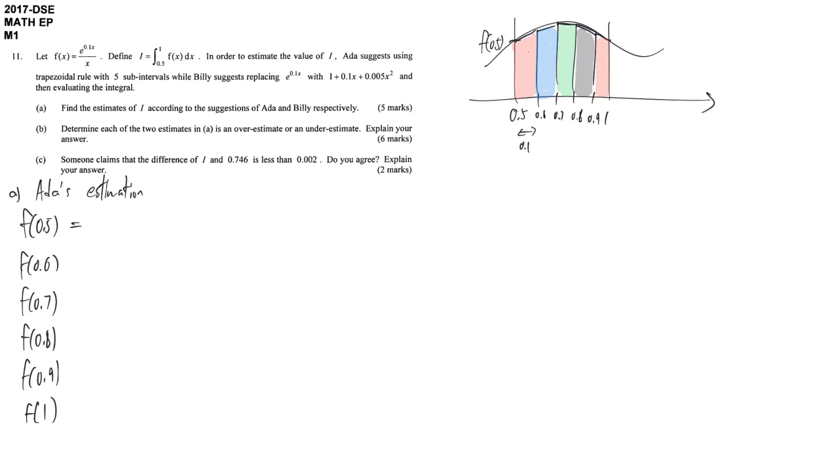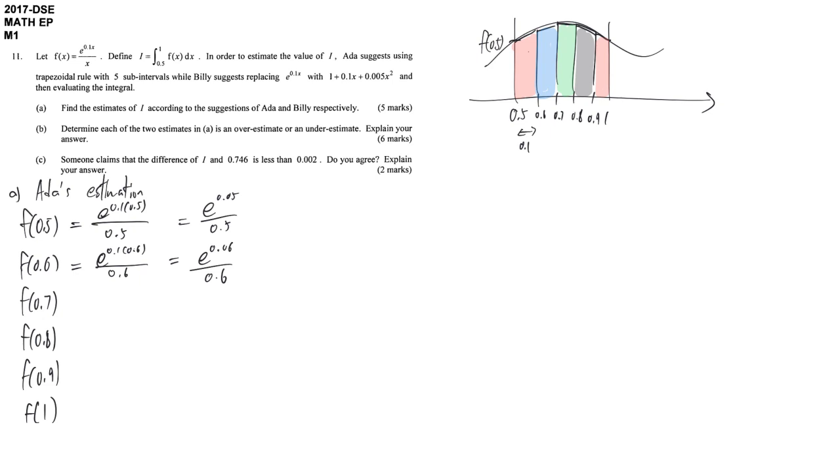So then we just try to substitute systematically. The first one: e^(0.1 × 0.5) divided by 0.5, so we have e^0.05 over 0.5. Second one: e^(0.1 × 0.6) divided by 0.6, so we have e^0.06.